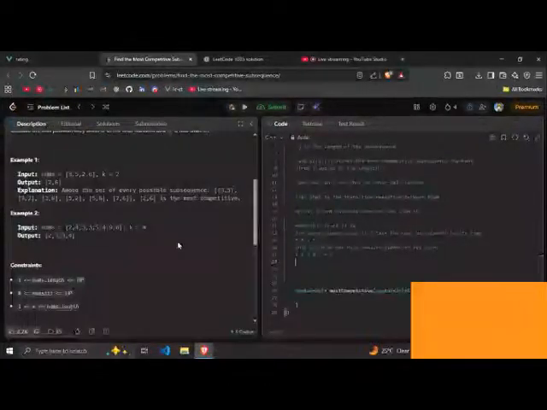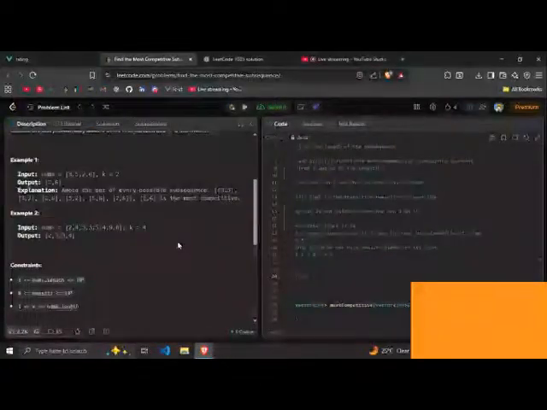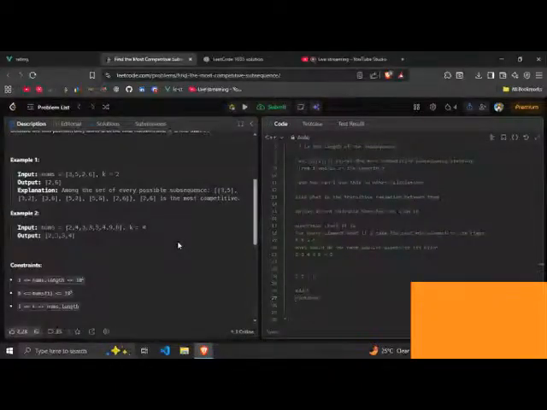So for 6 it is either add 6 or neglect 6. So now for 2, let's make it 3, 5, and 2, then 6. So first thing is add 6, or continue. So that becomes empty.